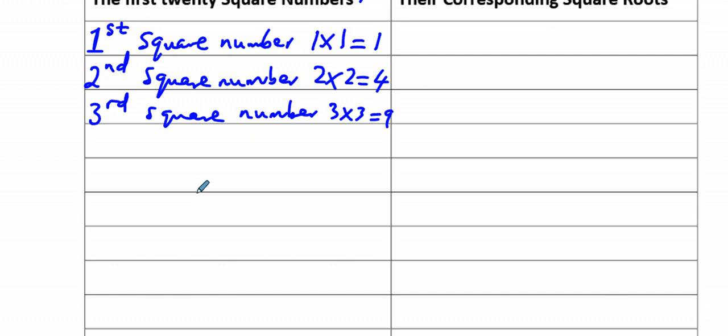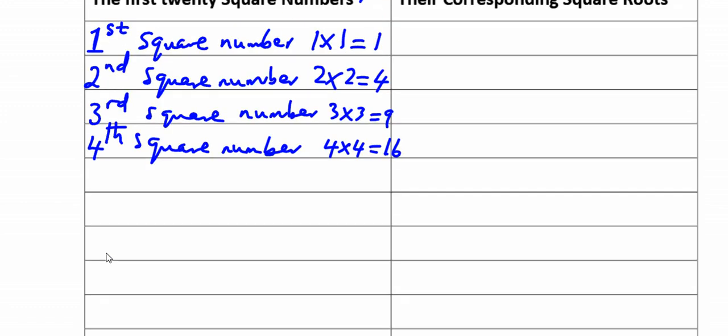Now, if you are looking for the fourth square number, you take the position number, which is 4, multiplied by itself. That gives you 16. So you can pause the video and proceed until you finish up to the 20th square number, or the 21st square number.